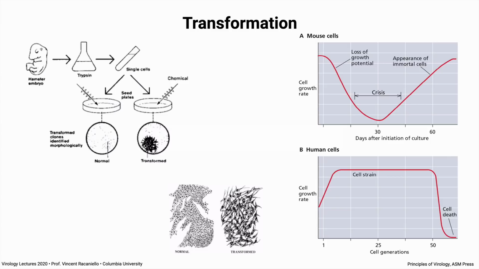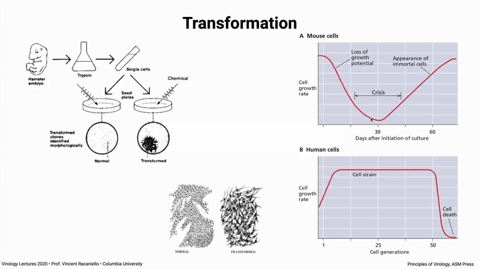And on the right are 2 graphs illustrating this in a quantitative way, where we are looking at, on the top anyway, mouse cells. We're looking at the cell growth rate with days after initiation of the culture. So if you did this experiment with a mouse embryo, you plated out cells and simply didn't treat them but let them grow and split them every few days, you would see that, first of all, the number of cells go down, and within 20 or 30 days, they undergo a crisis where most of them die.